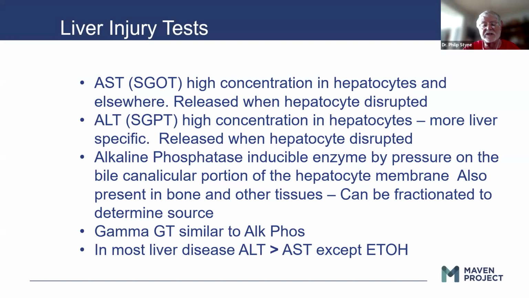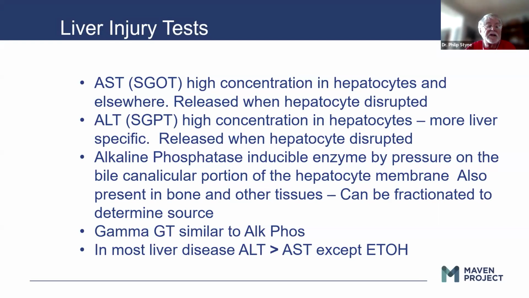Alkaline phosphatase is completely different. Alkaline phosphatase is an enzyme which appears on a small portion of the hepatocyte membrane where the bile canalicula is next to the hepatocyte. It is inducible, and what that means is that in certain conditions, it will increase in amount and therefore increase in the blood.